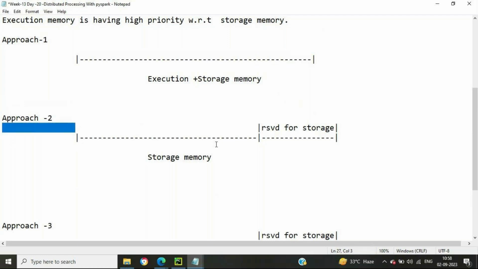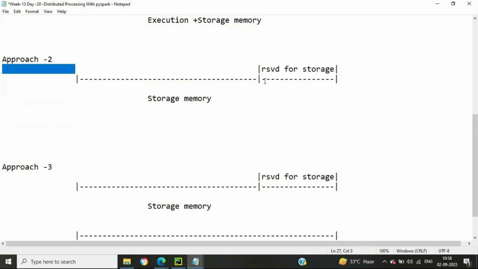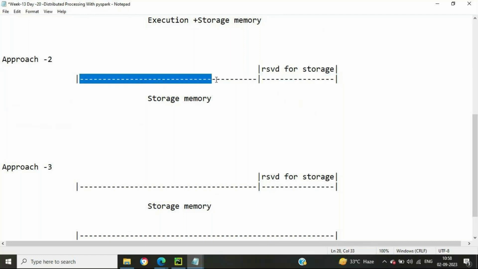Approach number two is saying we can have a certain amount of reserved memory that will be utilized for the caching perspective, and the remaining portion can be utilized for storage and execution perspective. And if we have nothing for execution, then this portion will be utilized for storage.